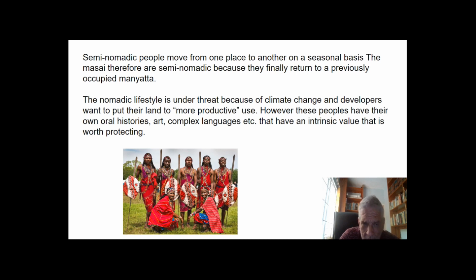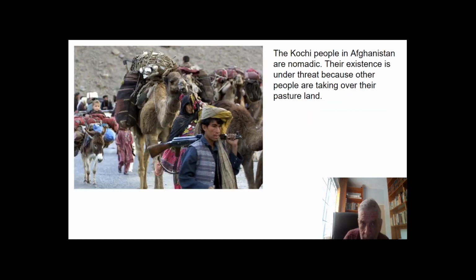And the nomadic lifestyle is under threat because of climate change, and developers want to put their land to more productive use. Some developers want to use the land Maasai use for their own purposes. As this says, people have their own oral histories, art, complex languages, and so on, and it has an intrinsic value worth protecting.